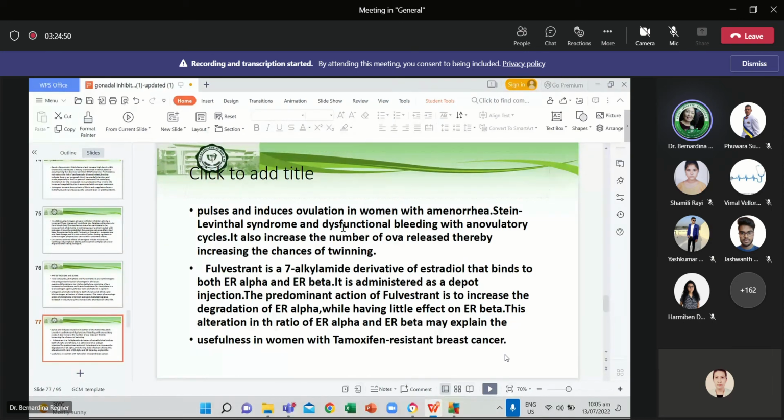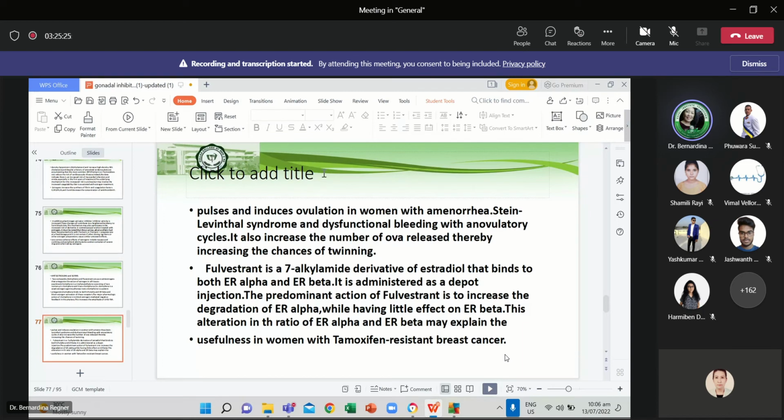Whereas fulvestrant is a 7-alkylamide derivative of estradiol that will bind to both ER alpha and ER beta. It is administered as a depot injection. The predominant action of fulvestrant is to increase the degradation of ER alpha while having little effect on ER beta. This alteration in the ratio of ER alpha and ER beta may explain its usefulness in women with tamoxifen-resistant breast cancer.